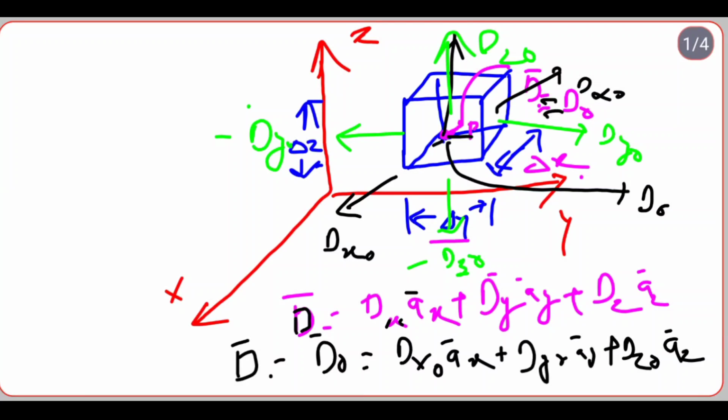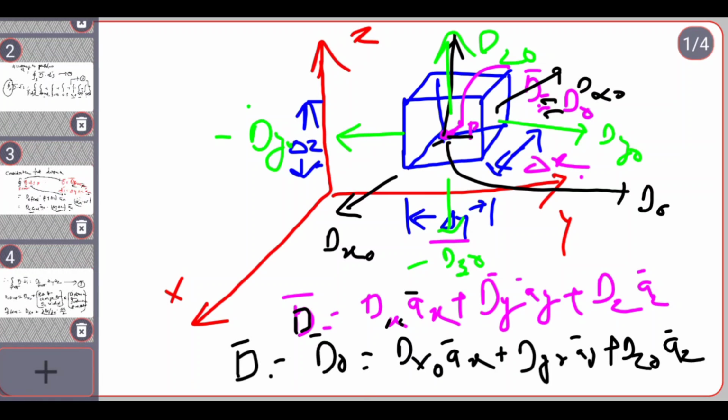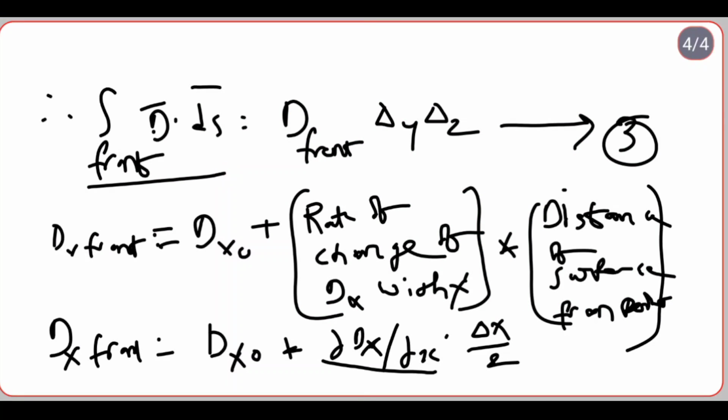Similarly in y direction it is delta y by 2. The rate of change is expressed as a partial derivative, as dx varies with y and z coordinates also. Therefore we can write the surface integral for front D dot ds as dx naught plus dou dx by dou x into delta x by 2, and ds is delta y delta z.